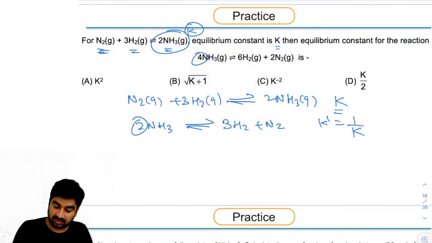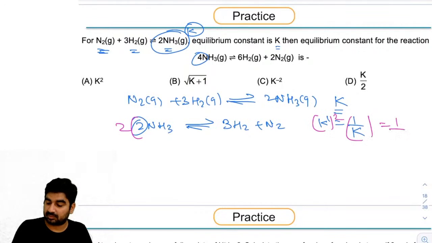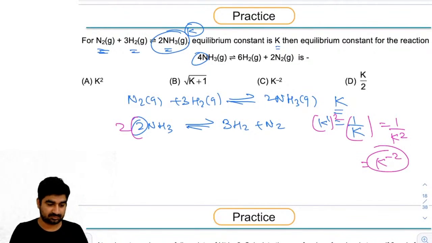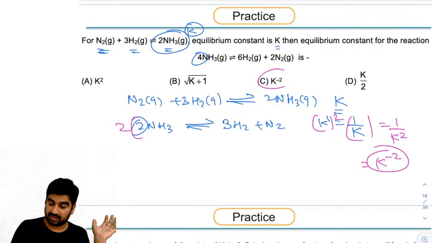So multiply it by 2. So it will become 1 by K square or K raised to the power minus 2. So C will be your answer.